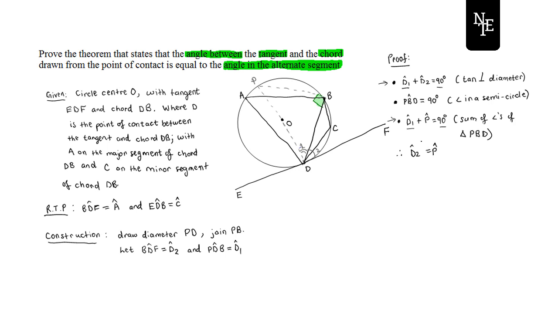Alright, so now once we have that, we see that angle P is equal to angle A, and those are angles in the same segment. I always like to add subtended by arc.